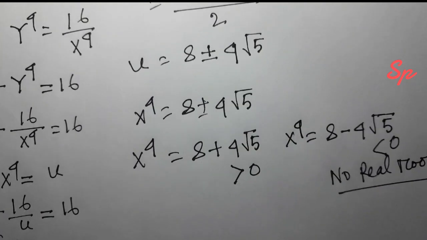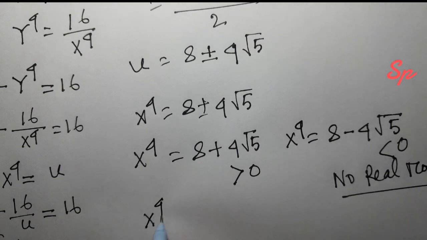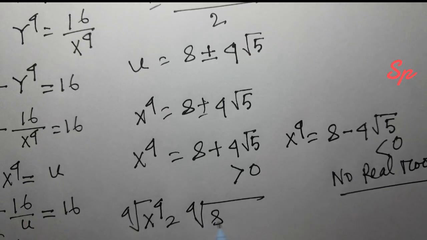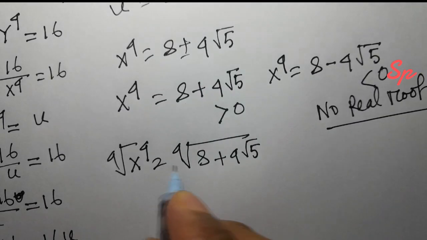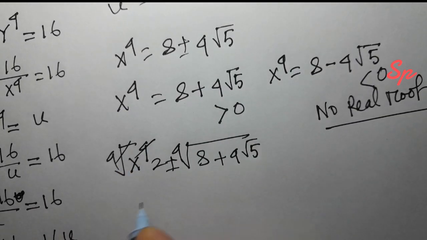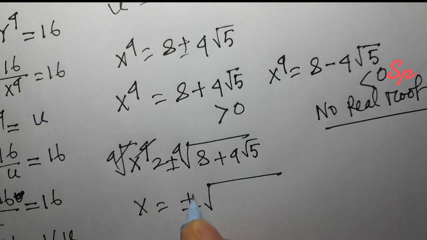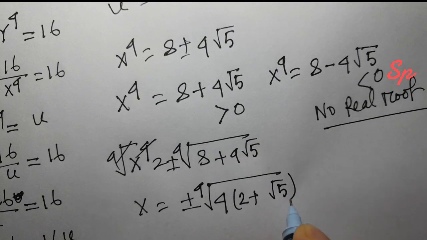Then from this we can write x is equal to the fourth root of 8 plus 4 root 5, and plus minus. X is equal to plus minus fourth root, here 4 is common, of 4 times 2 plus root 5.